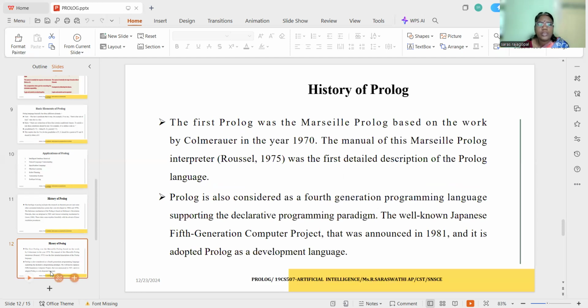The first Prolog was the Marseille Prolog, based on the work of Colmerauer in the year 1970. The manual of this Marseille Prolog interpreter was the first detailed description.